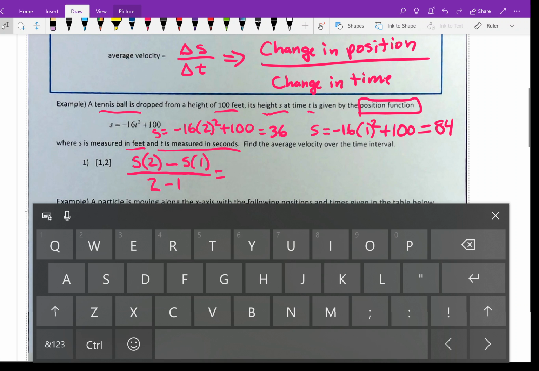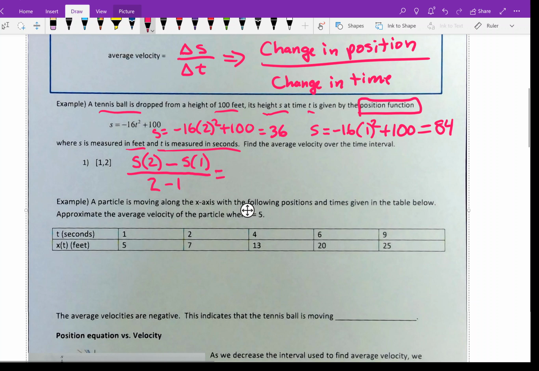So again, it's s of 2 minus s of 1. It's going to be 36 minus 84. That first number from the interval, I plug it into the function, it gives me a value, and I'm subtracting that from the value for the second number of the interval.